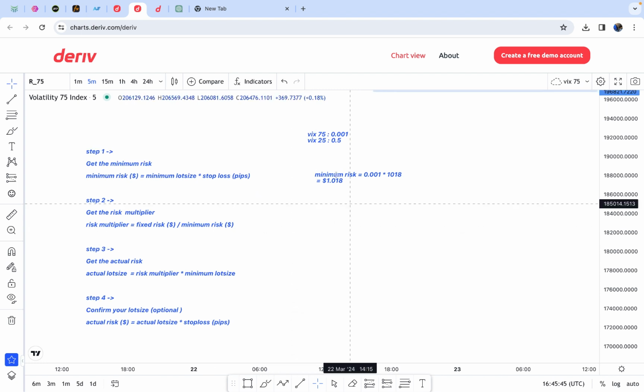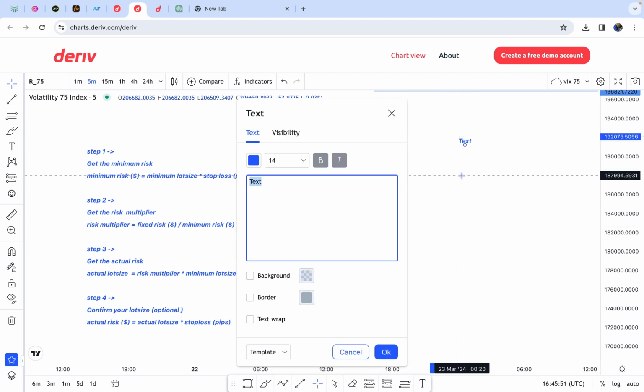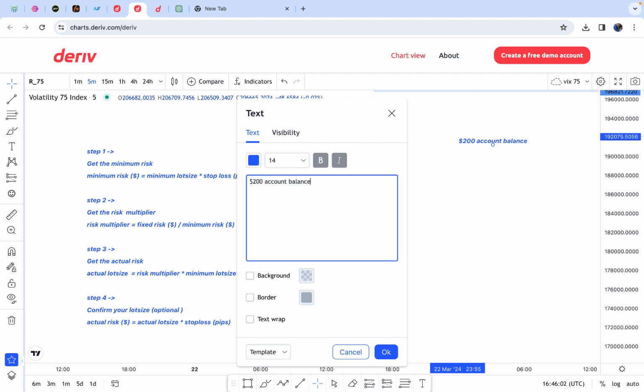But now we want to get an actual risk. So different people have different account sizes, right? So let's say you have a $200 account balance and you want to risk 5% per trade, right?